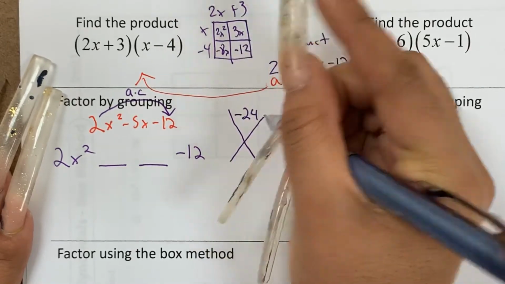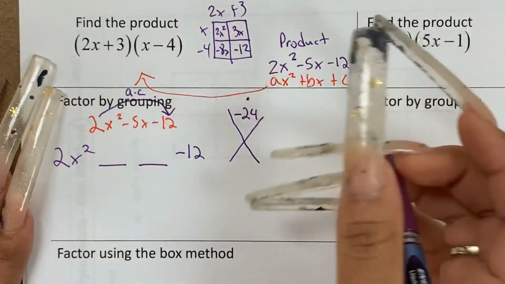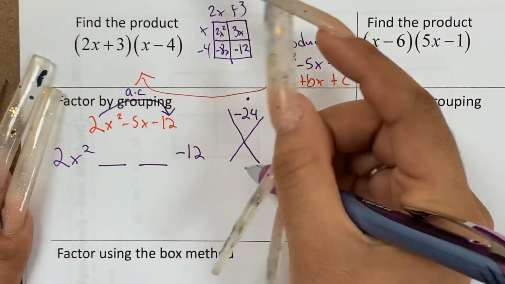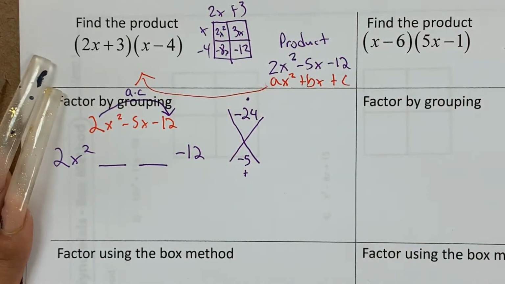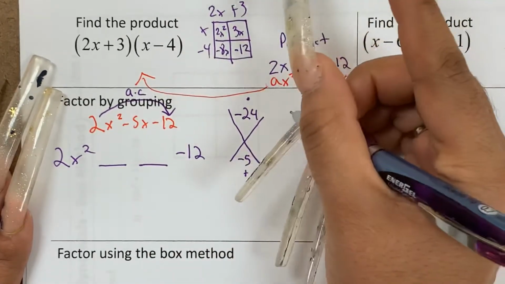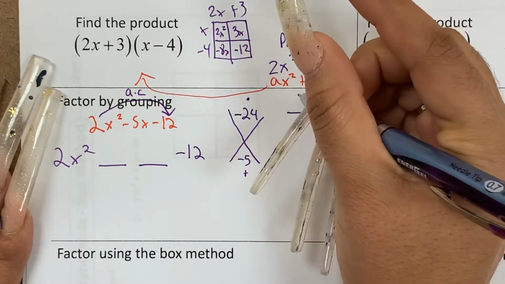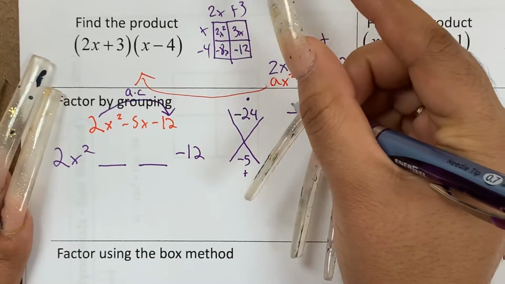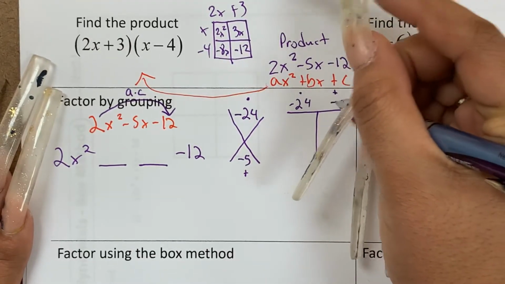And we're going to see what multiplies to get negative 24, but adds to get the middle term. So remember these tables. I want to see what multiplies to get negative 24, but adds to get negative 5.